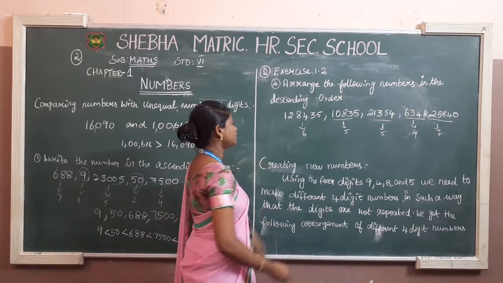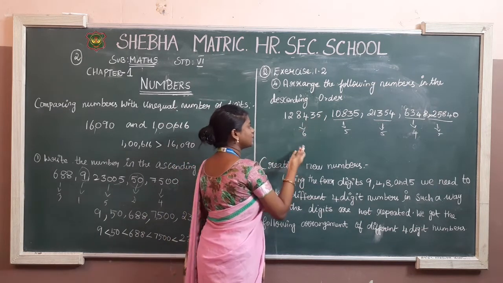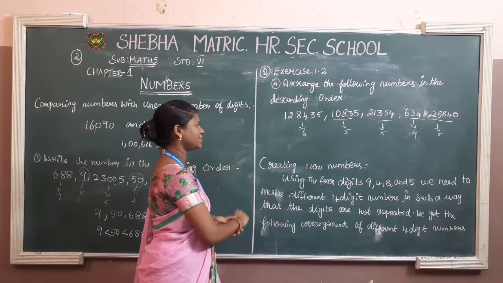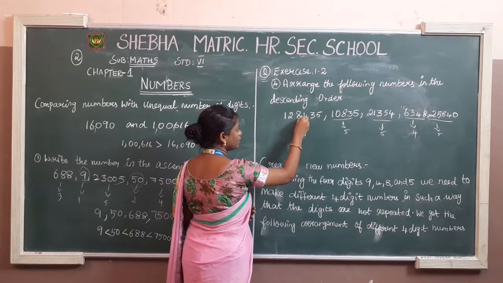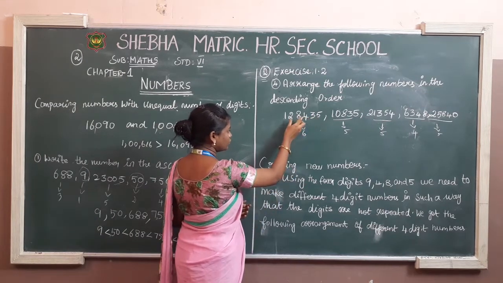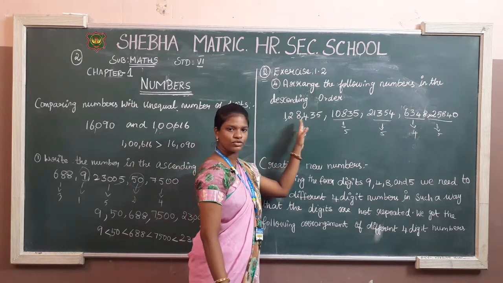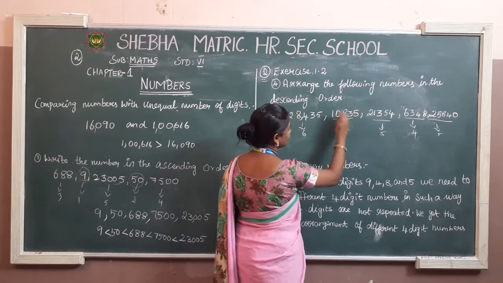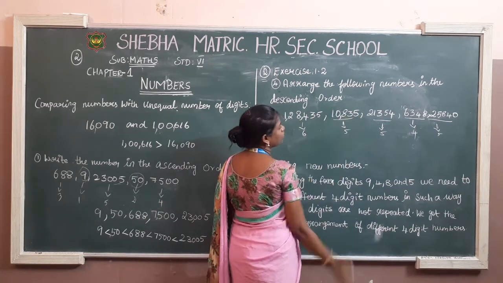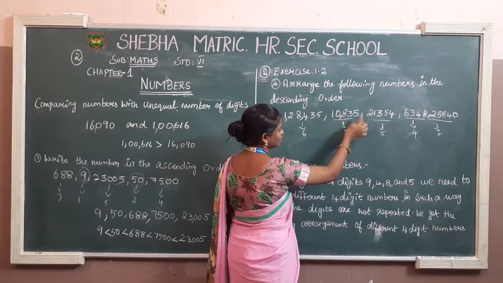Next, we take the commas. In the Indian numbering system, we put a comma after the first 3 digits from the right, and then put a comma after every 2 digits. So we can say 1,28,435. Then next, this is 3 digits backwards, put the commas. So 10,08,835.